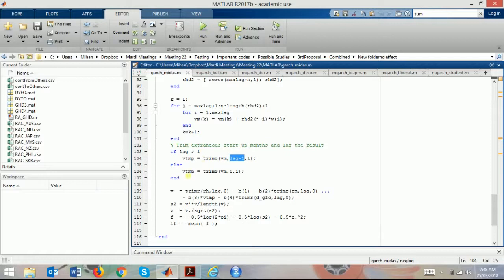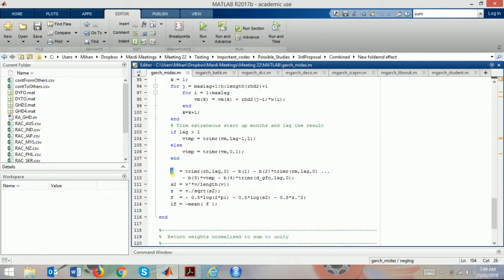If lag is greater than 1; else we just trim the last one. Obviously lag will be greater than 1. Lag is 22, so first we trim 22 minus 1 from the lag. By this amount we trim the rows, and just 1 from the columns. If lag was never greater than anything, 0. Okay, this was not necessary, because obviously if lag is 0, then nothing is getting trimmed.